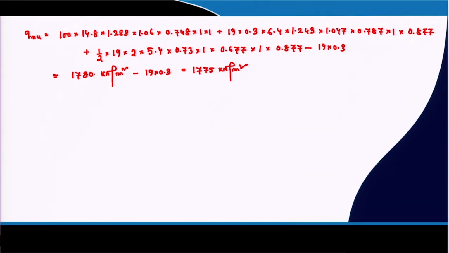Okay, so now we have solved this problem by using two approaches. One is the Hansen and one is the basic, and I hope we understand the difference between the two approaches if there is an inclined load, and the difference in the basic and Hansen approach when HL is 0 and HL not equal to 0.